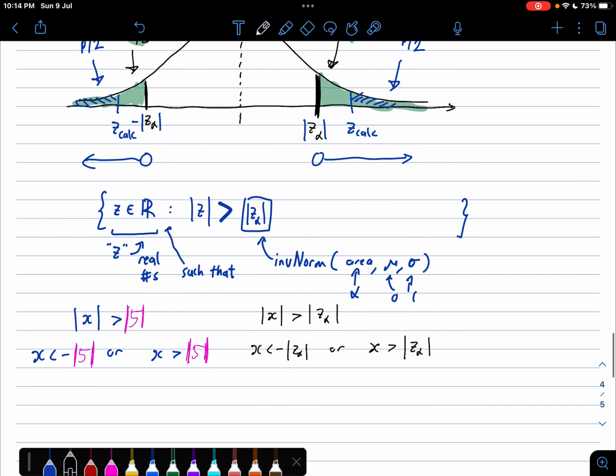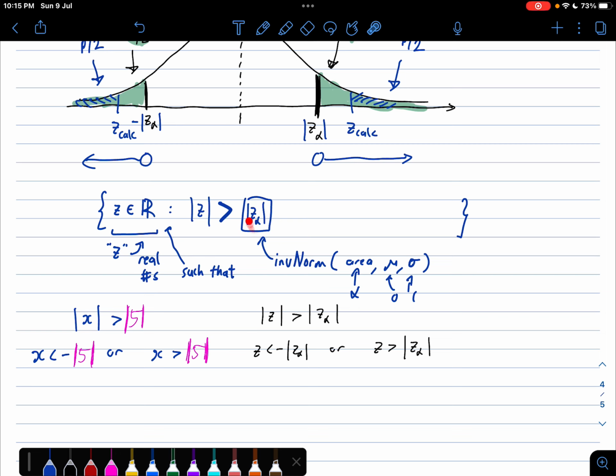But what if I now replace the x with a z? That's exactly describing the situation we need. These two regions: z less than negative modulus z alpha, z more than positive modulus z alpha. So this is the critical region. And z alpha is to be calculated.